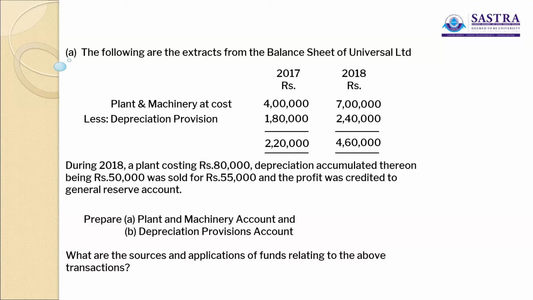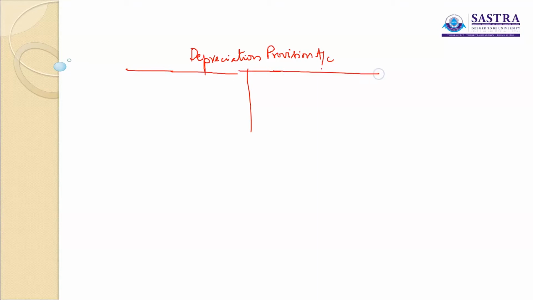First, let us start with the preparation of depreciation provision account. The asset will be shown on the debit side.